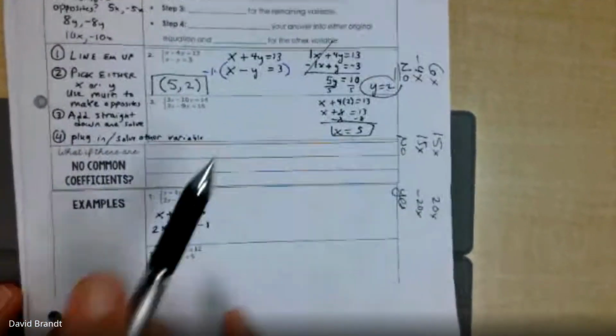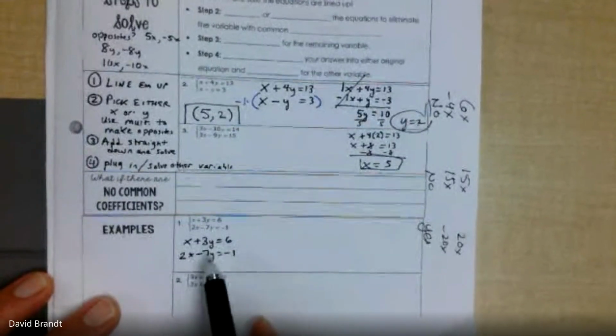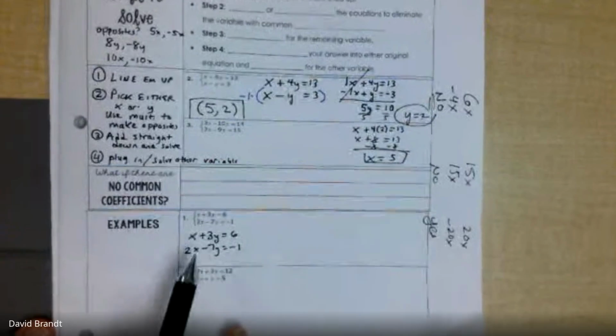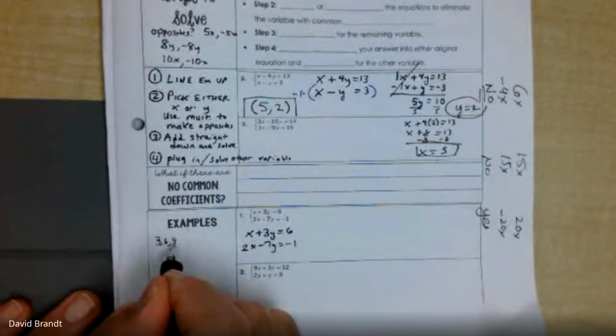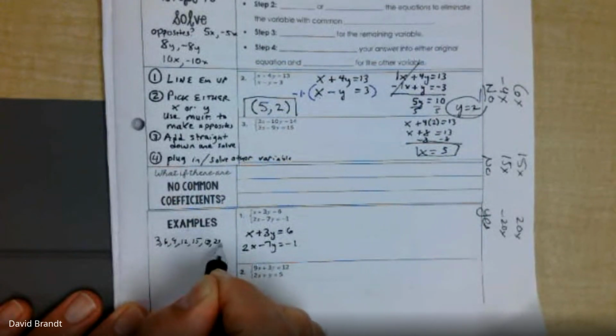Now, remember, the first step is line them up. These are lined up. And I'm going to make opposites on the y's. If you count by 3s and you count by 7s, what's the first number that you're going to see in common? 3, 6, 9, 12, 15, 18, 21, 24.